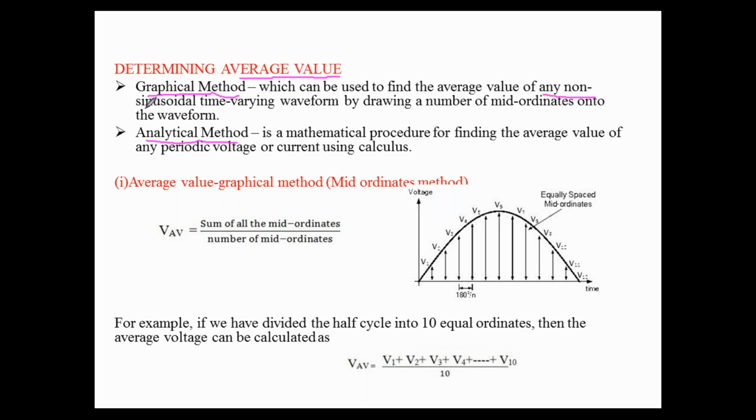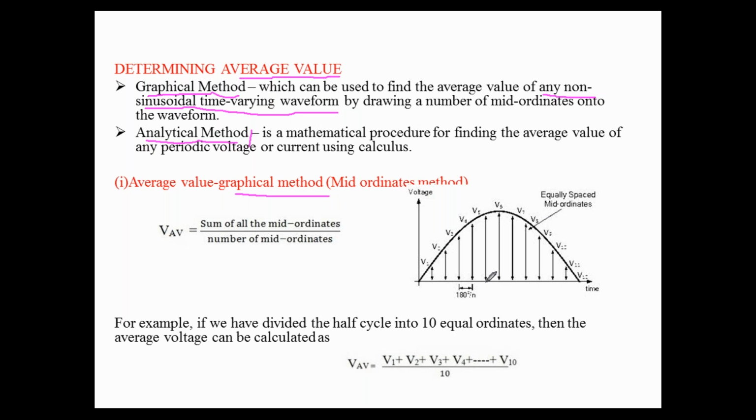For any non-sinusoidal or time varying waveform, it's better to use the graphical method for the determination of its average value. For sinusoidal waveforms, the average value can be calculated with the help of the analytical method directly. Now we will see first of all the average value by a graphical method.